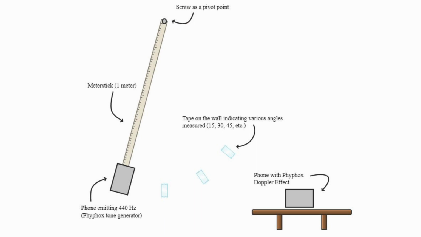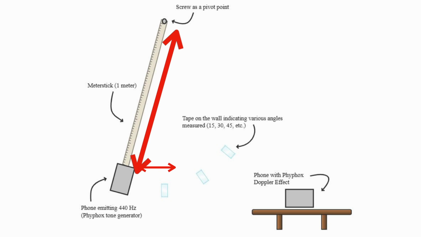Then, we marked the places on each angle we were testing. To do this, we used simple trigonometry. If the length of the meter stick is 1 meter, meaning 100 centimeters, we can find the x value, or the horizontal length, using the length of the meter stick and the intended angle.